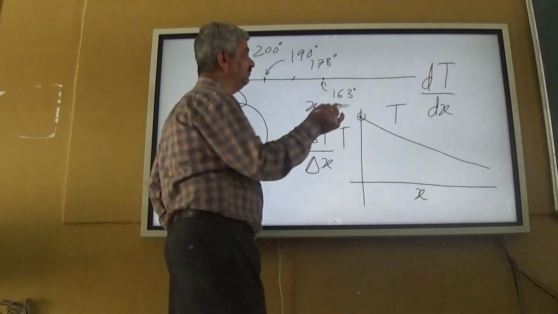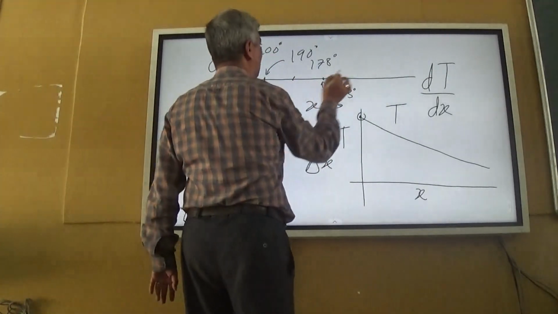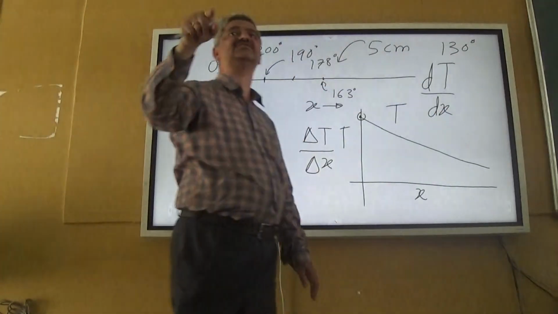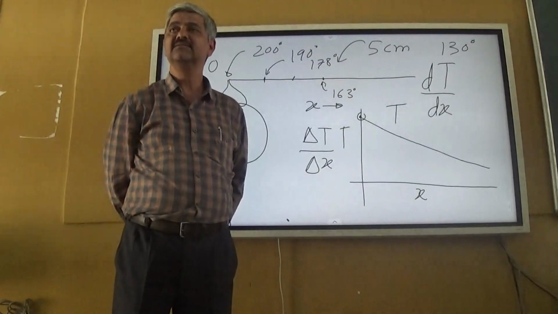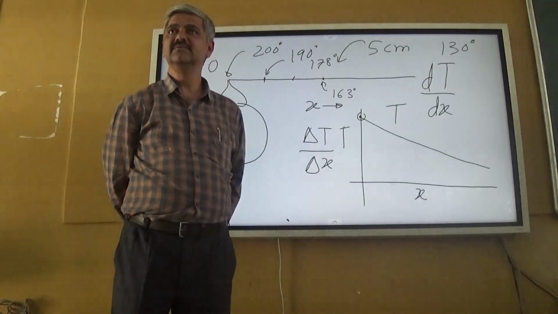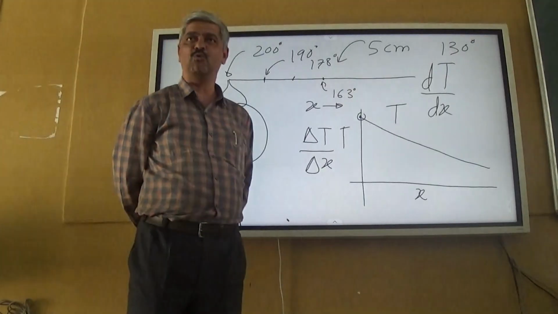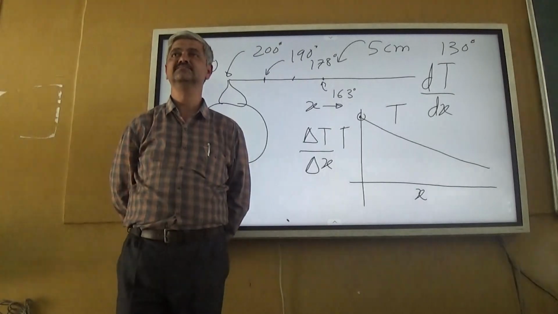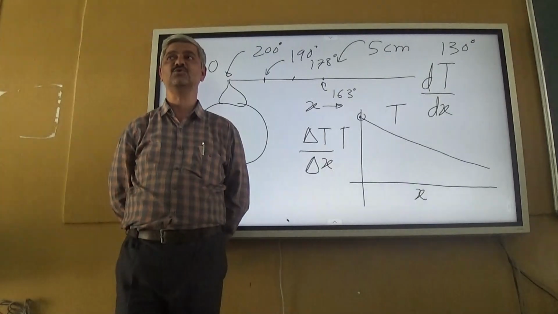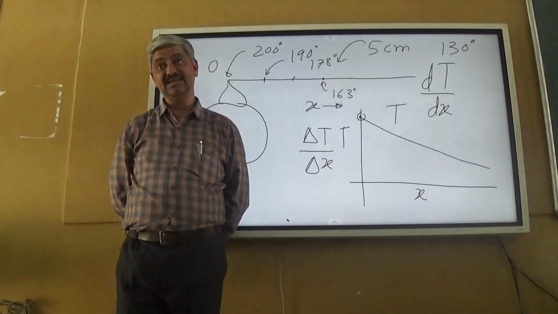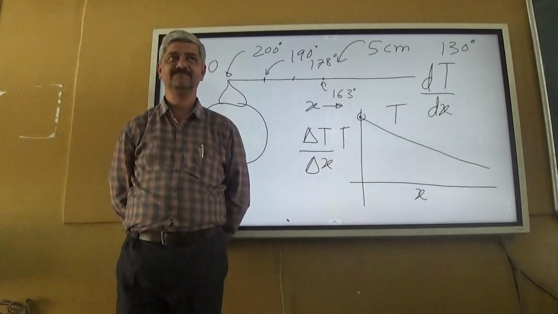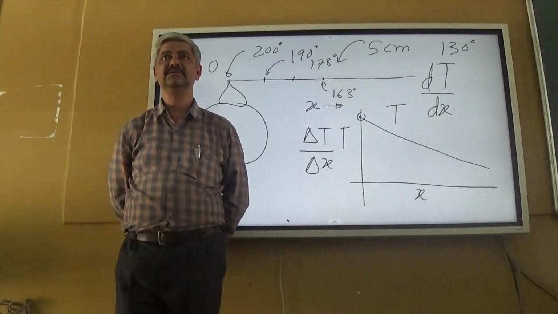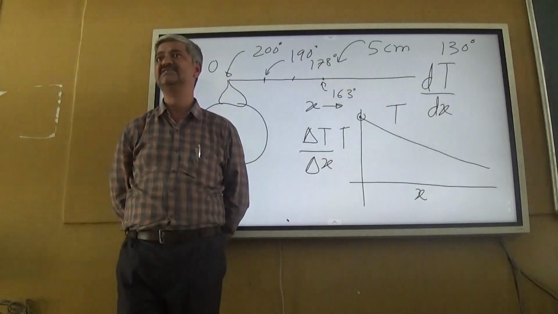If I tell you at 5 centimeter from the origin O the temperature is 130, what would be the temperature at 6 centimeter?